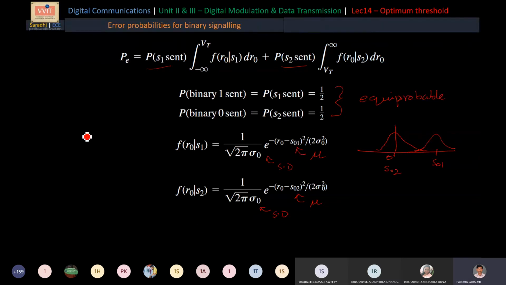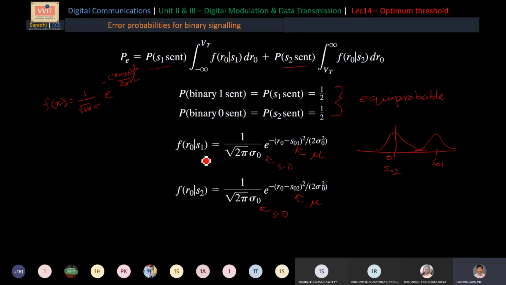If you are not getting that, in general, if x is a Gaussian random variable, its PDF is 1 by square root of 2 pi sigma, e power minus (x minus mu) whole square by 2 sigma square. This is the Gaussian PDF.